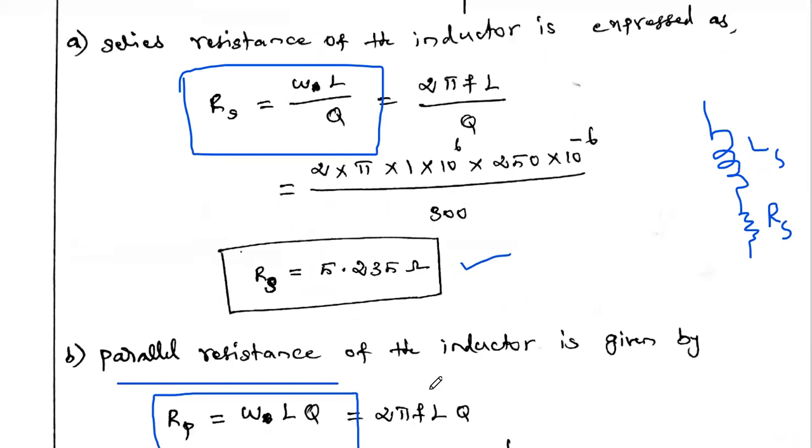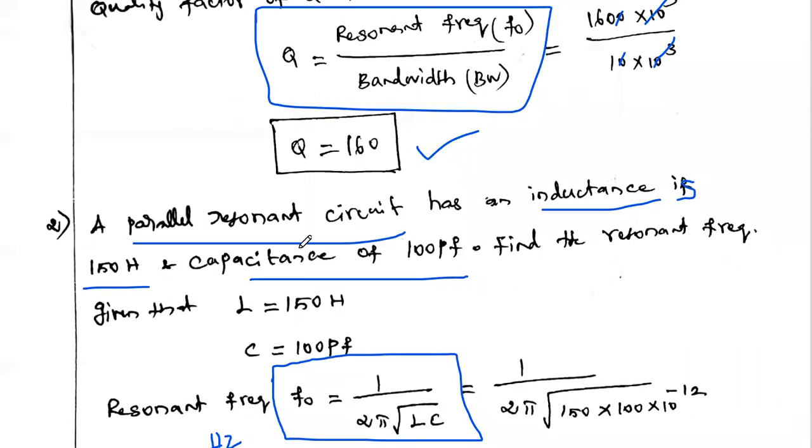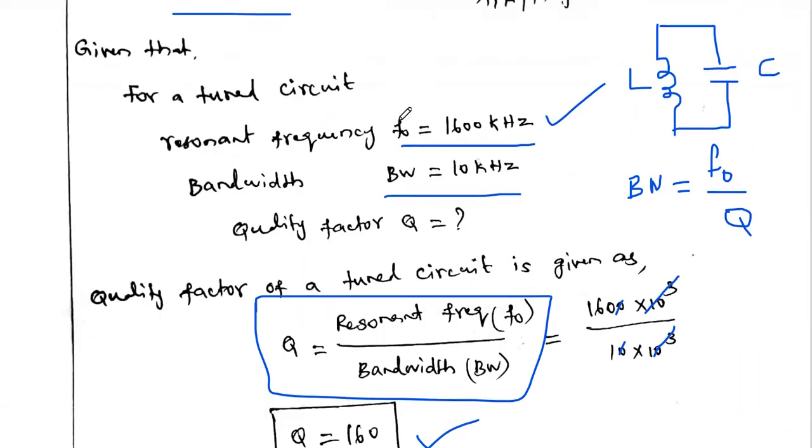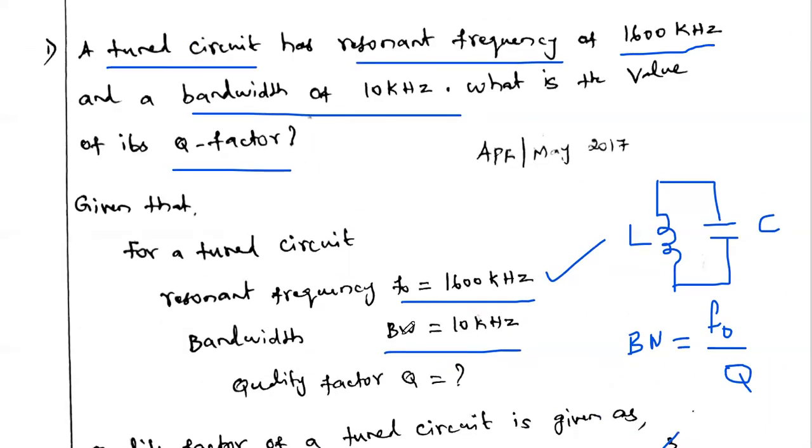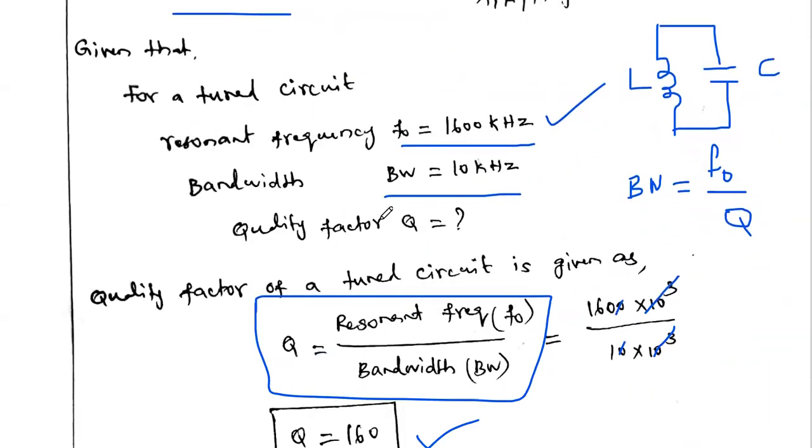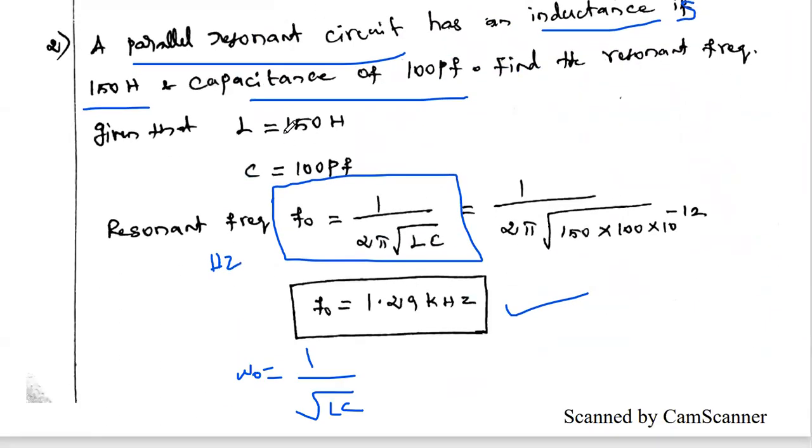So here we discussed the 5 problems. Okay, so one is if resonant frequency and the bandwidth of the tuned circuit is given, how can you calculate the quality factor? Okay, then the second question is inductance and capacitance is given, means how can you calculate the resonant frequency? So the resonant frequency formula F naught equal to 1 by 2 pi root LC.